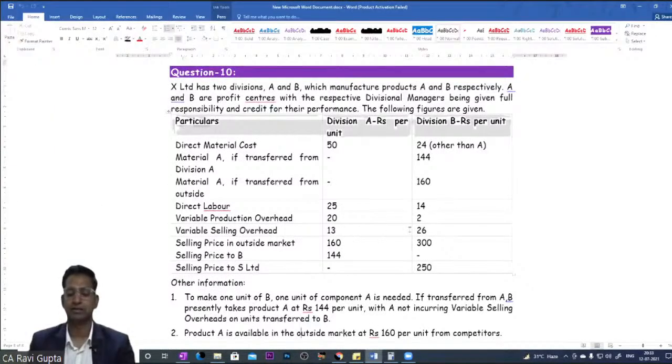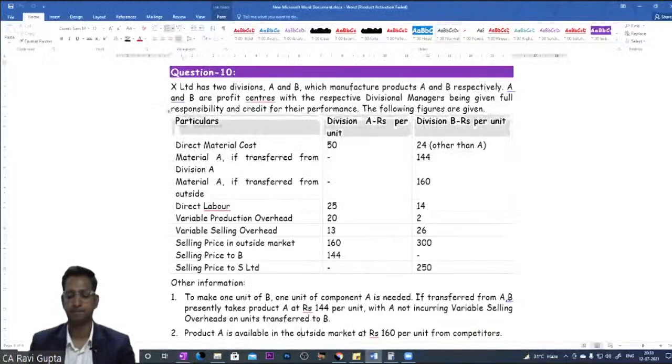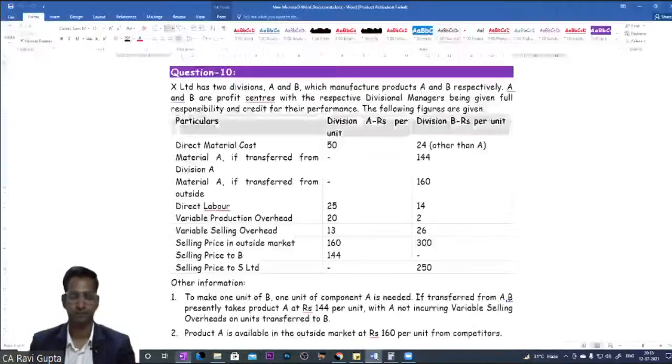Variable selling overhead is 13 and 26. Selling price in the outside market 160 and 300 rupees.